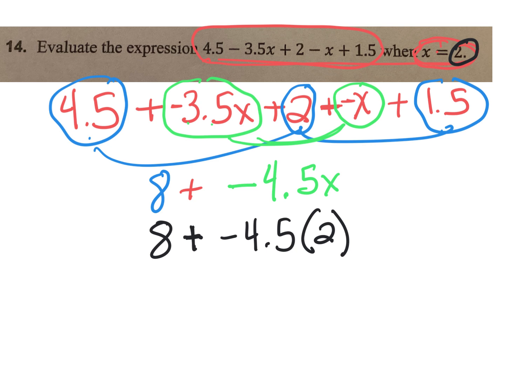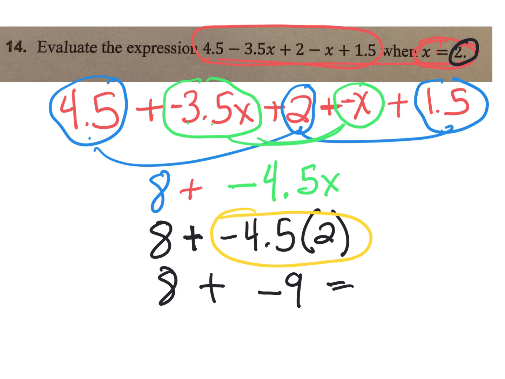Let's do this first, because you have to do multiplication first. What's negative 4.5 times 2? It's going to be a negative 9. And then I bring down my plus, and I bring down my 8. 8 plus negative 9 gives me a negative 1. And that is my answer.